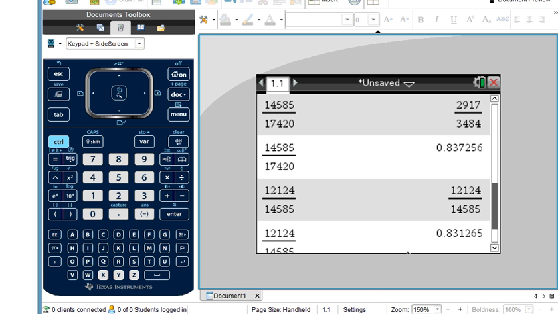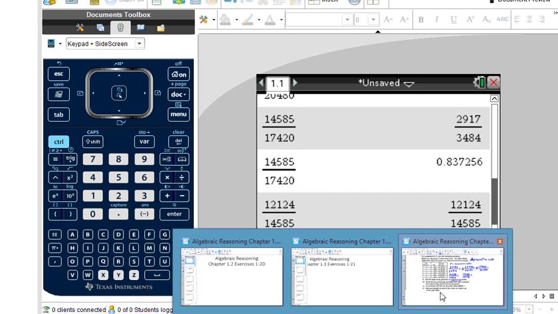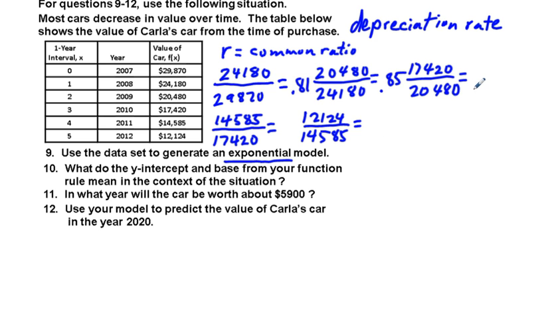Yeah, 2 0.85s and 0.84, 0.83. So we could add these up and divide by 5 to get this pretty accurate. If you take an average of this bunch, it looks like it's about 0.84.